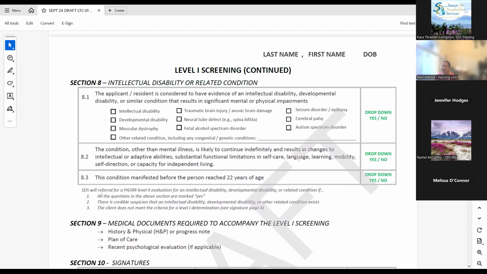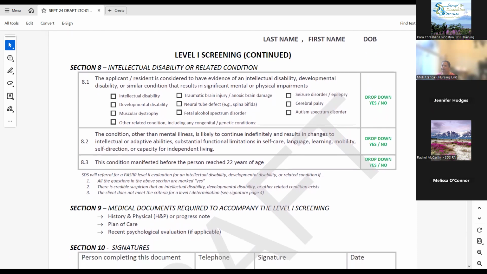Yeah, so if you're screening someone, let's use the non-Medicaid patients as an example. These documents are meant to trigger documents that should or could be reviewed to help you answer those questions.